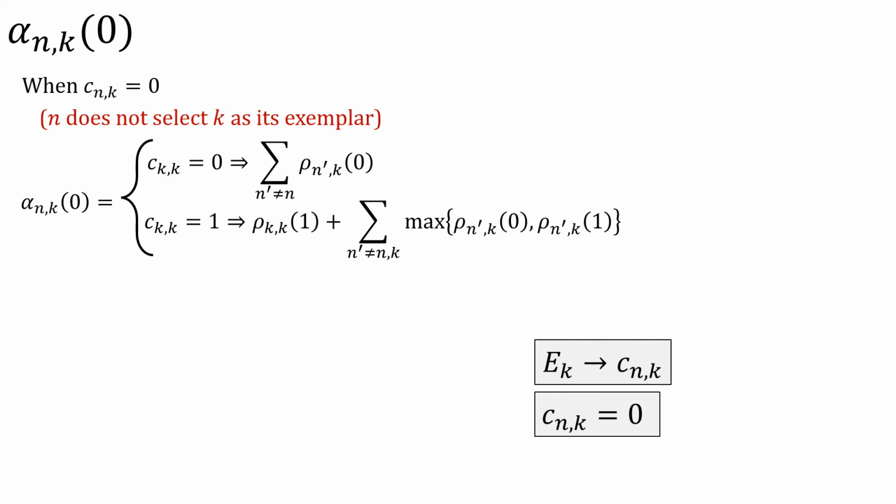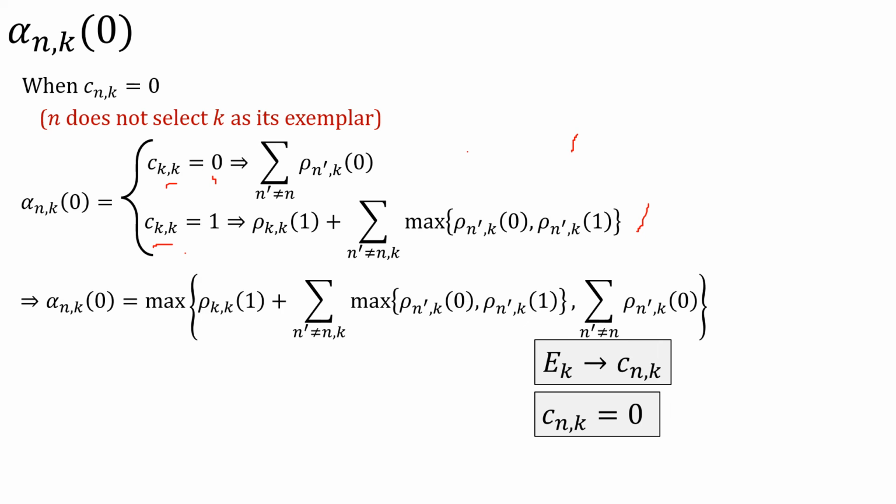In the general situation, we looked at when ckk was equal to 0, and separately we looked at the case when ckk was equal to 1, and we landed up with these expressions. So alpha nk0 must be the max of this and this.